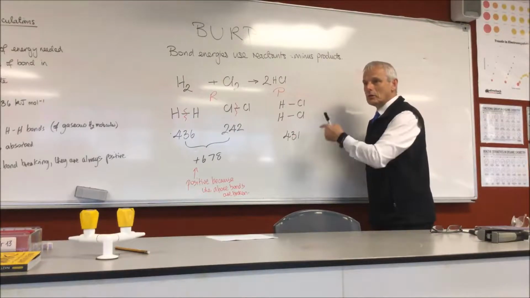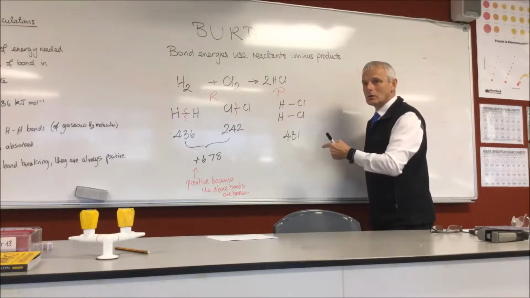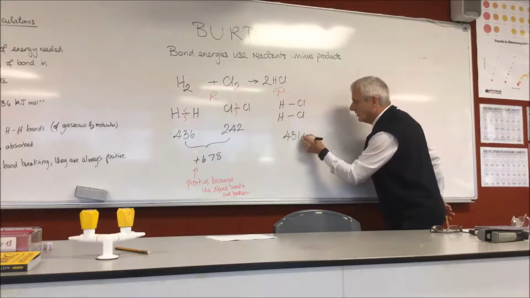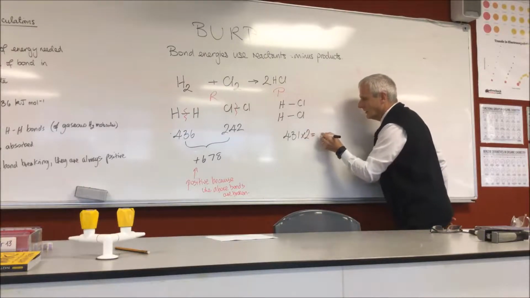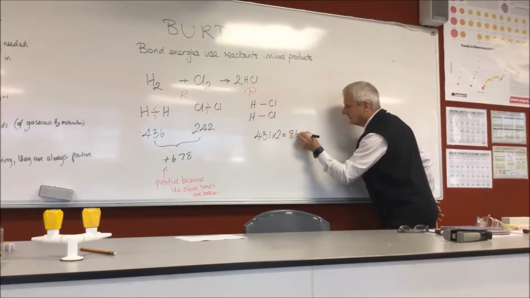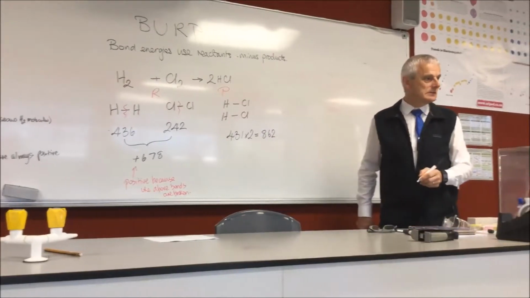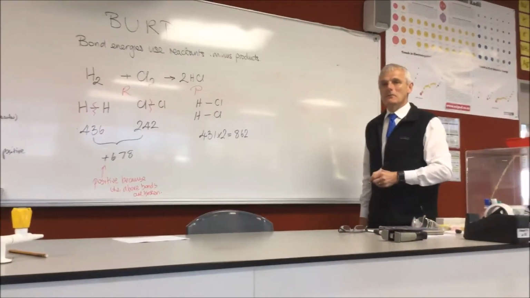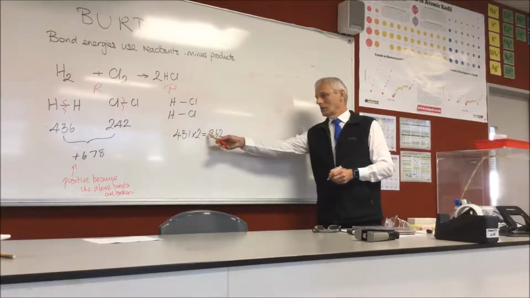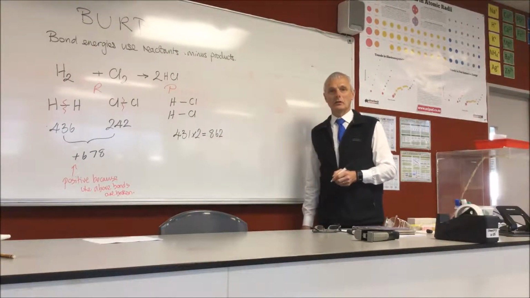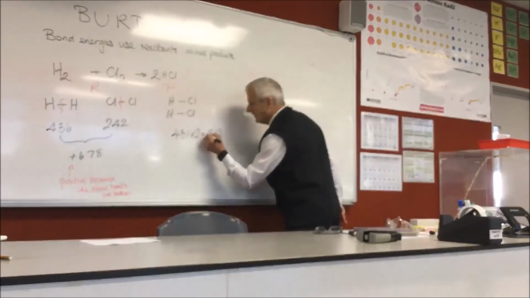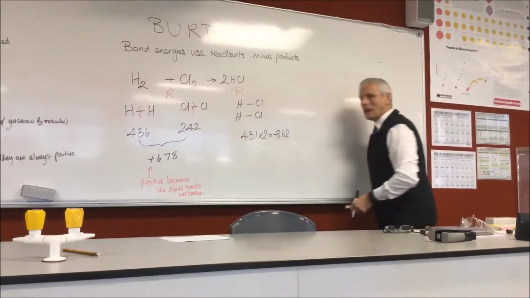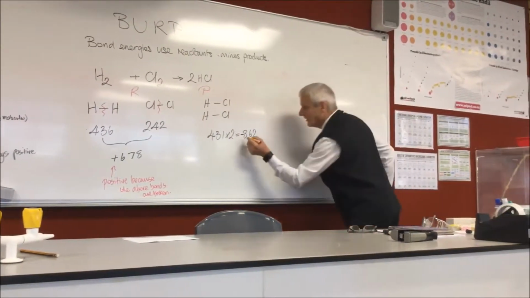But there's 2 of them. Yeah? Now, I'm forming them. What do I need to put here? It's got to be negative, because energy is given out, because I'm forming bonds.